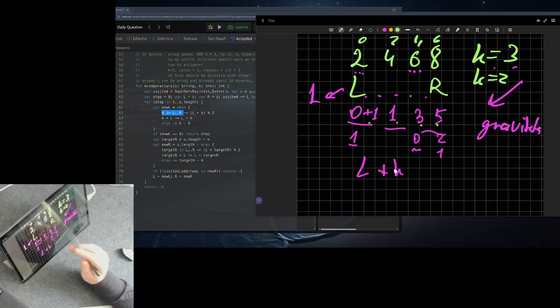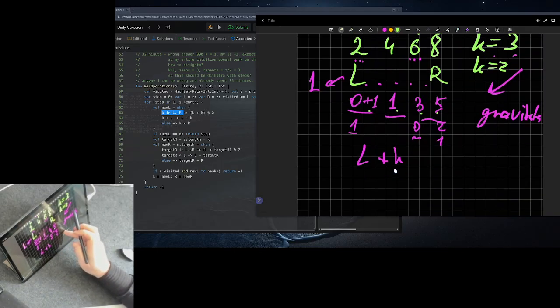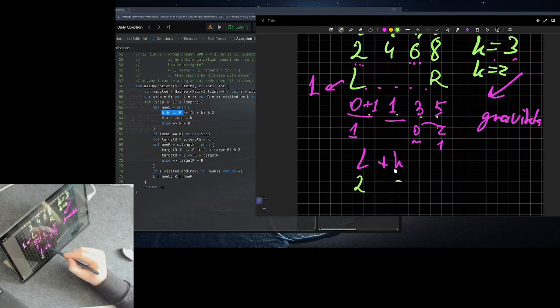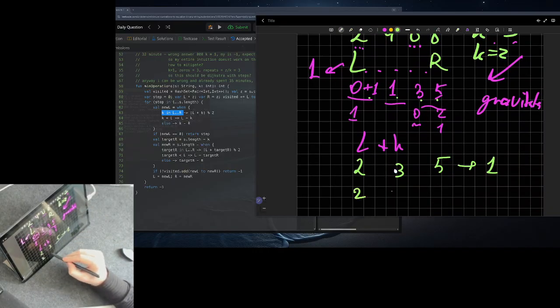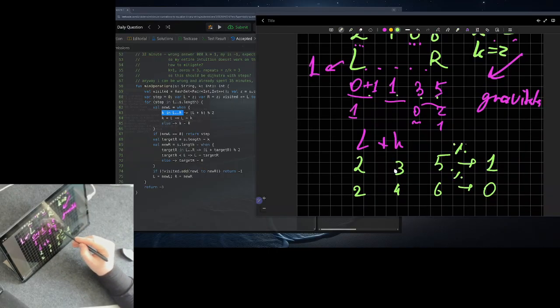If left pointer plus k, so left is 2, k is 3, it is 5, and we reached 1. If left pointer is 2 and k is 4, then it is 6, and we reached 0, because we're doing this mod 2 operation.